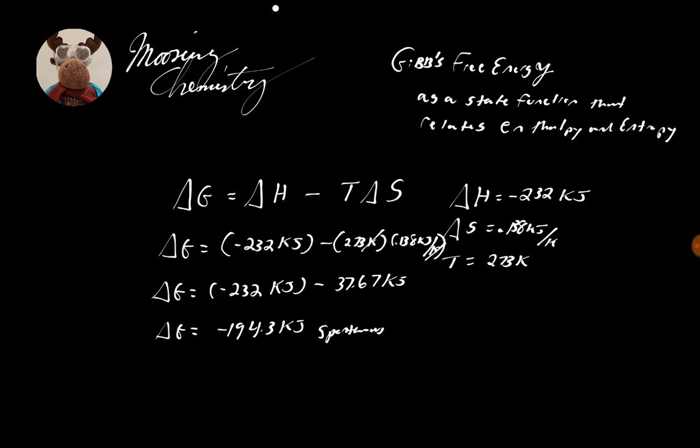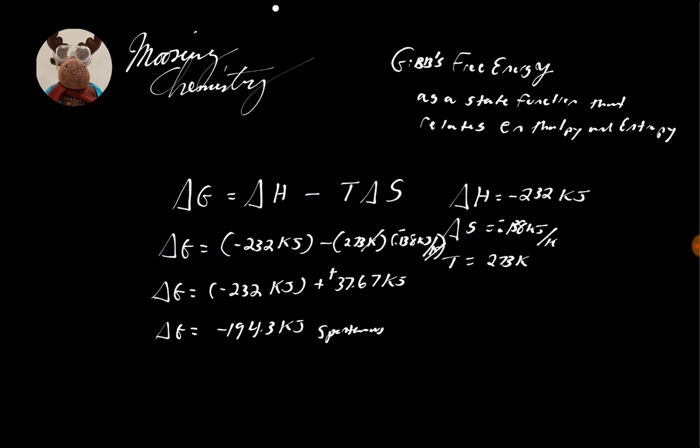I meant to put a negative sign with this right here, so that would make this a negative sign here, and this would be a negative of a negative. When you change that, this becomes positive, and that's how we get the negative 194.3 kilojoules. Sorry about that.